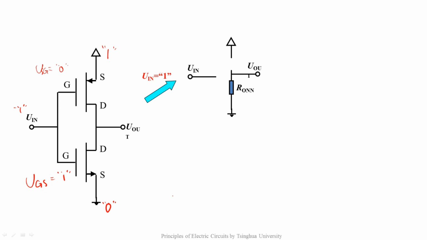Therefore, the PMOS above is turned off because USG is 0, while the NMOS below is turned on because UGS is 1. The conduction resistance is R on N. Since there's no current path, U out equals logic 0. The output is 0 when the input is 1.